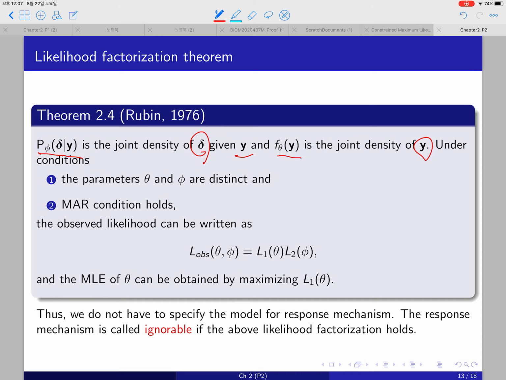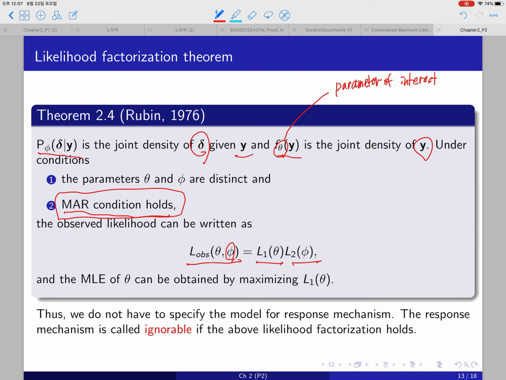Basically, we are more interested in theta, the parameter of interest. But in the missing data case, we have an integration, so it involves theta. Under some condition, the missing at random condition, we can actually factorize.